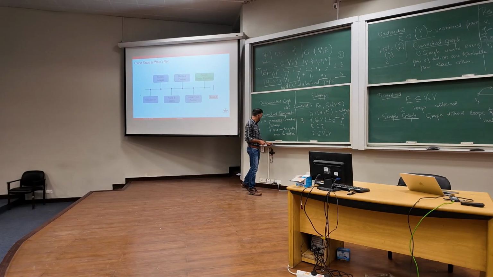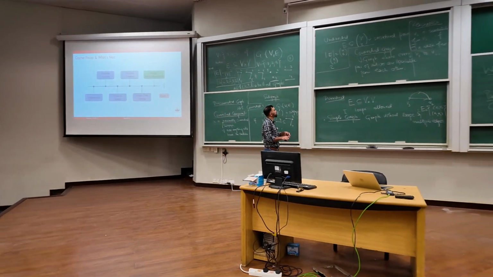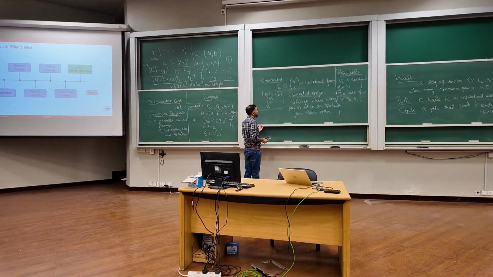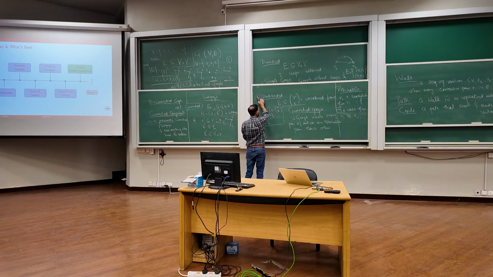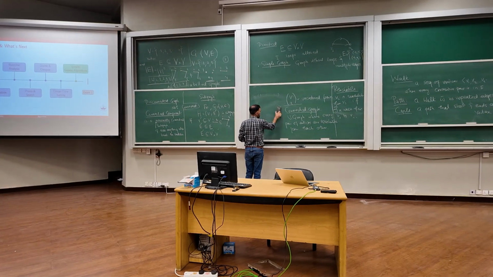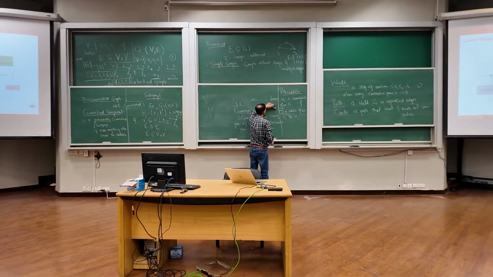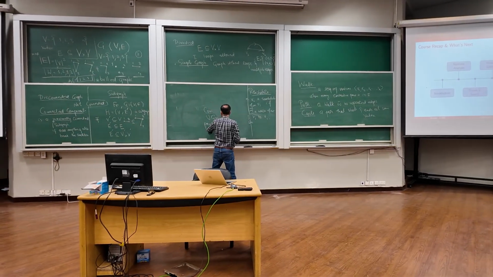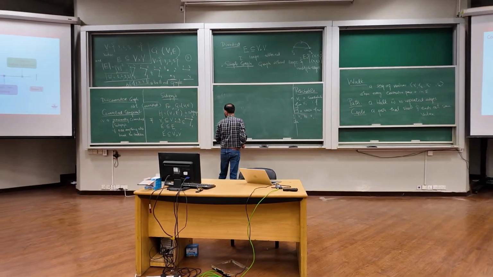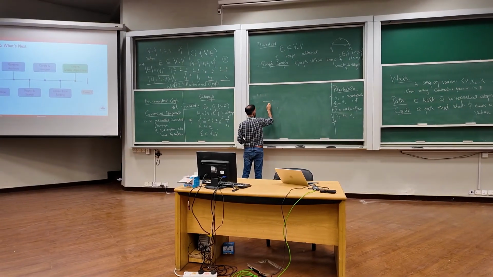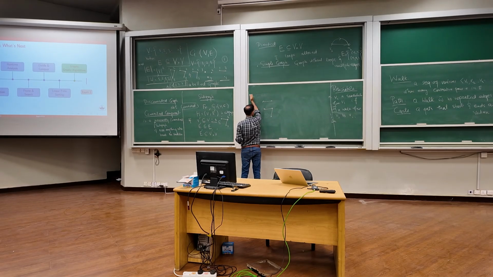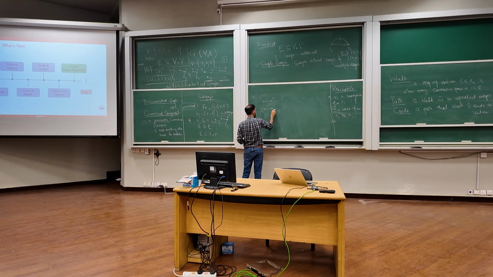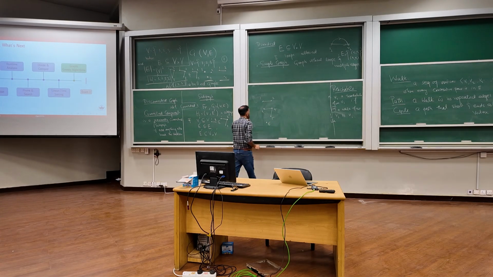Okay? So let me give you an example. So this is my graph 1 2 3 4 5 एक और vertex ऐड कर लेते हैं 6.